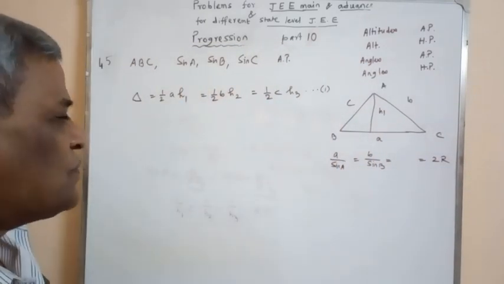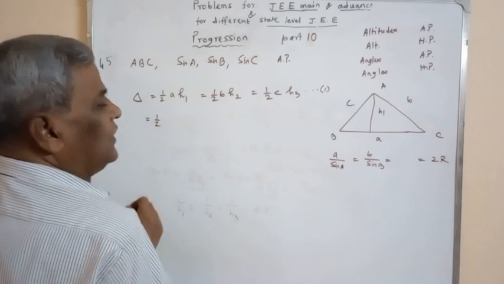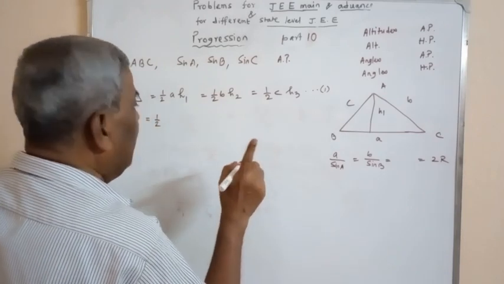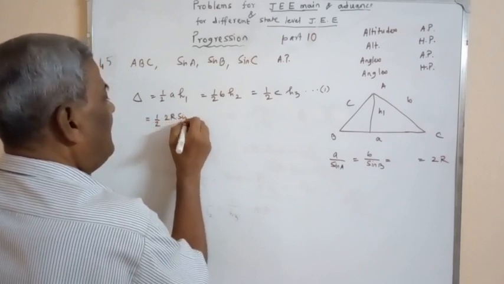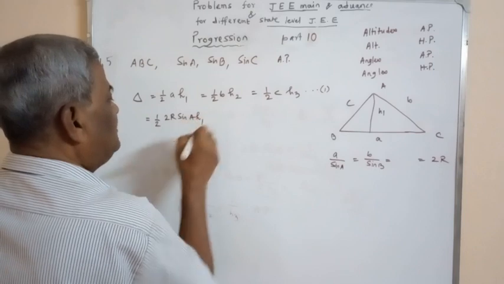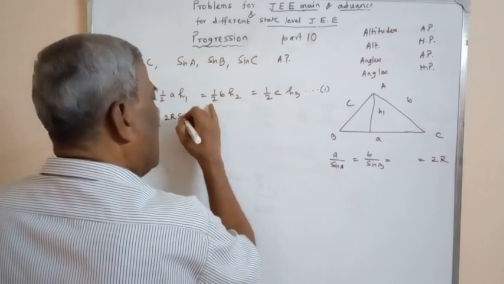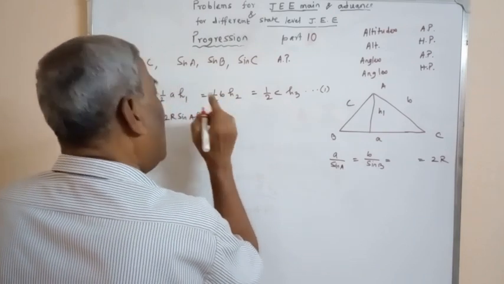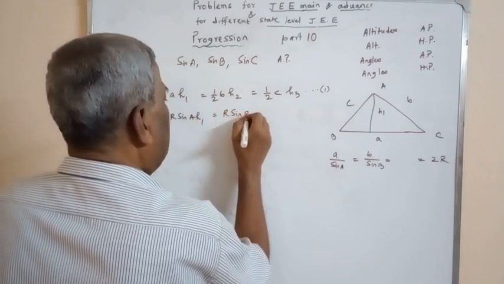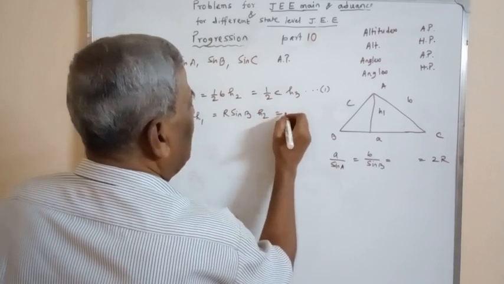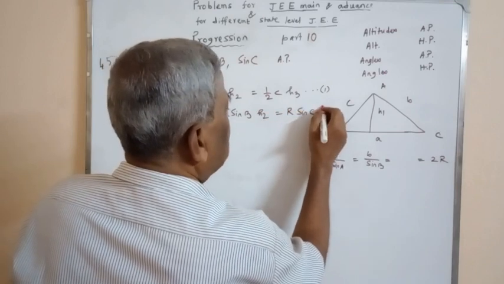So A can be replaced by 2R sine A. So this is equal to half into 2R sine A into H1 is equal to, by same approach, half into 2R, half and 2 will cancel, so that R sine B into H2 is equal to R into sine C into H3.